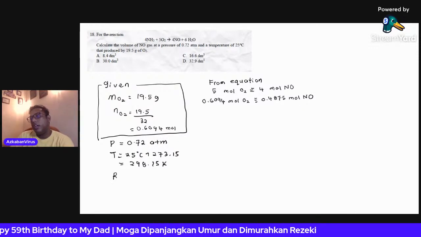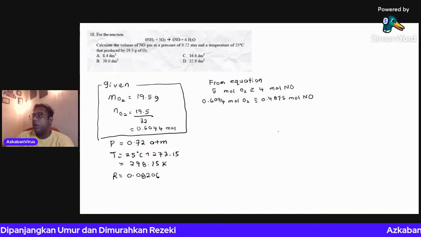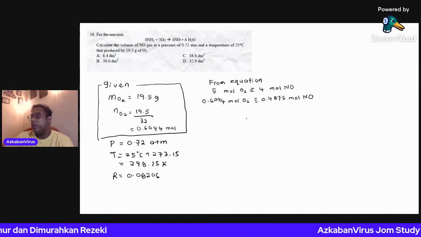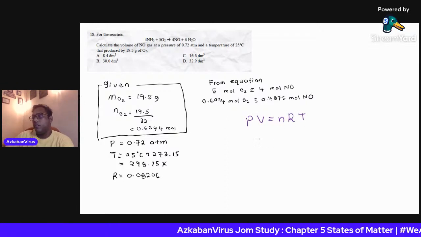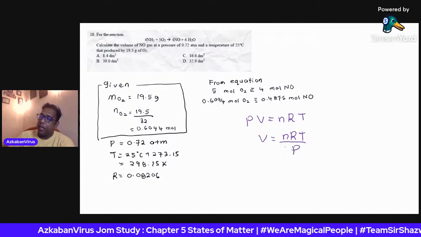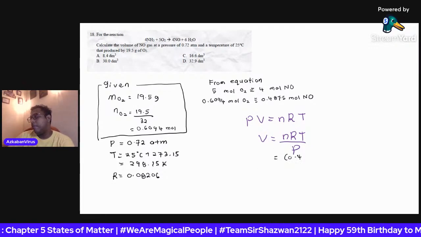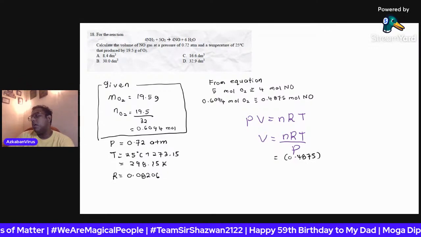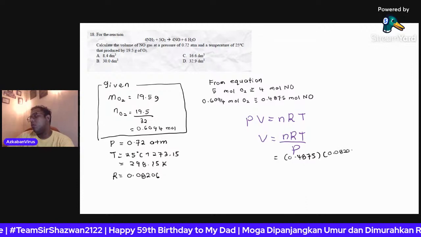R kita adalah 0.08206. So from here kita tahu bahawa PV is equal to nRT, V is equal to nRT over P. Ini sama dengan mol kita ada 0.4875 darab 0.08206.